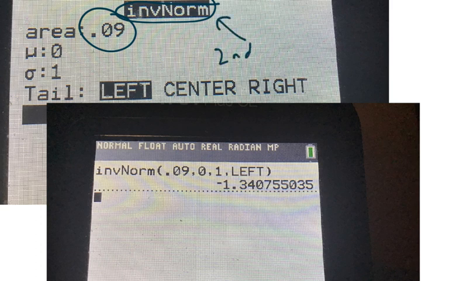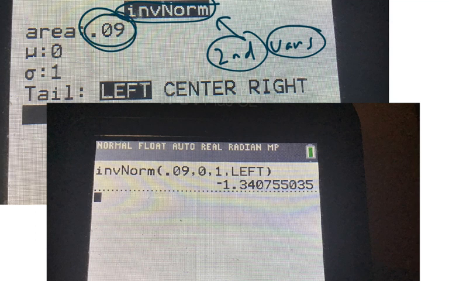We'll do second vars, then vars, and then we will select inverse norm in there. And once we select inverse norm, we'll put in our 0.09. We'll leave mu and standard deviation at 0 and 1 respectively. In other words, that guarantees we're doing a standardized curve, which is the table A.